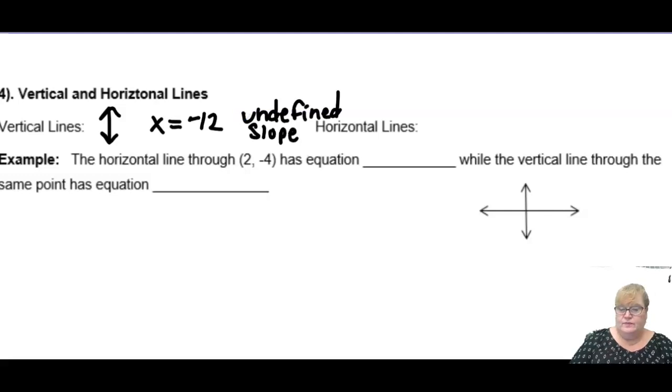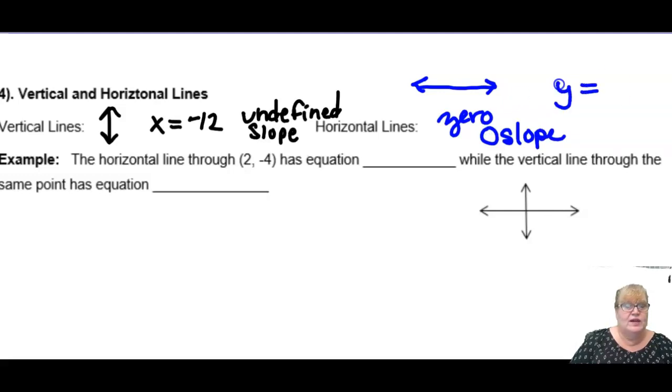Horizontal lines run this way. They have no rise, so they have zero slope. And they cross the y-axis somewhere, so you get y equals some kind of a number like 3/5. I'll be just weird, okay?